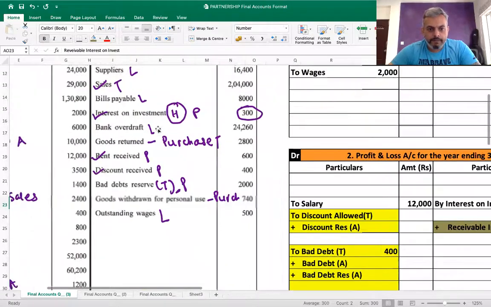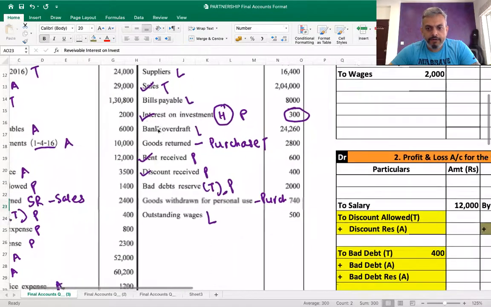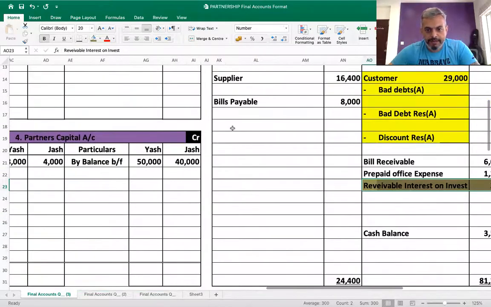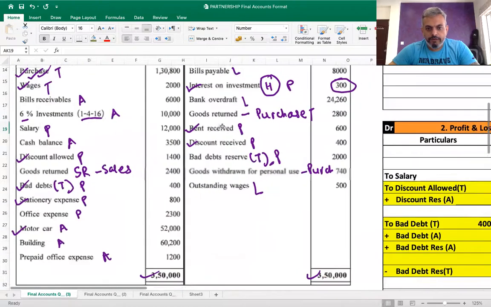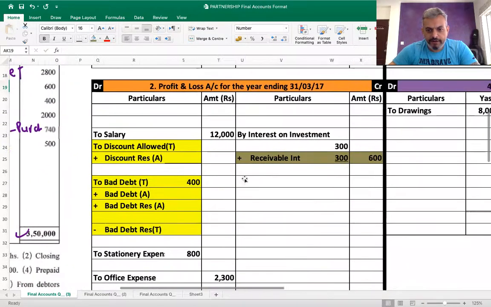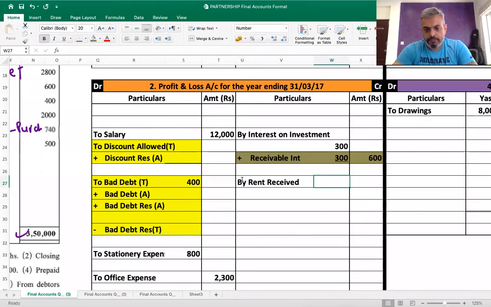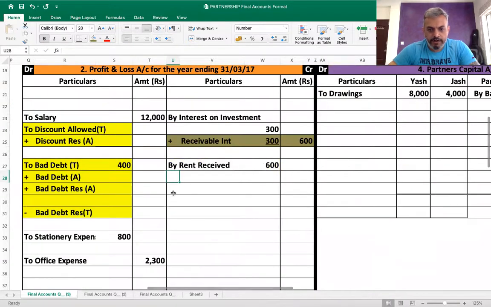Next, bank overdraft 24260 liability. Bank overdraft 24260. Goods return already done. Rent received 600 inner column. Next, discount received inner column 400.